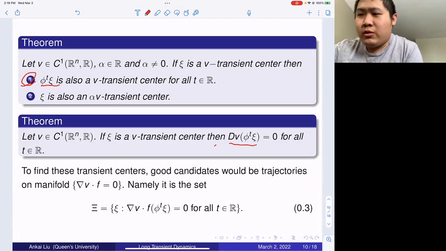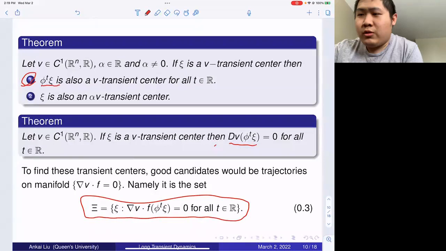So this theorem is quite strong because, first of all, it gives us a necessary condition for psi to be a V transient center, and also it gives us a good candidate set to find the points that are potentially transient centers.